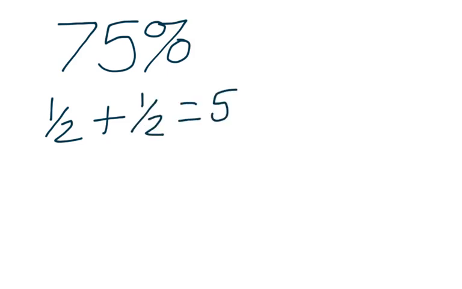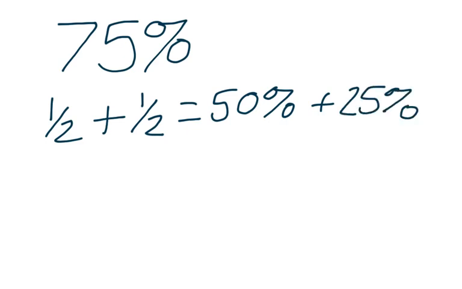As an extra challenge, if you want something a bit trickier, I want to know how many different ways you can find out 75% of a number. This is more of a challenge if you find the work easy. You don't have to do this. So, for example, I've taught you to add the half and the quarter, which is the same as adding 50% and 25%.